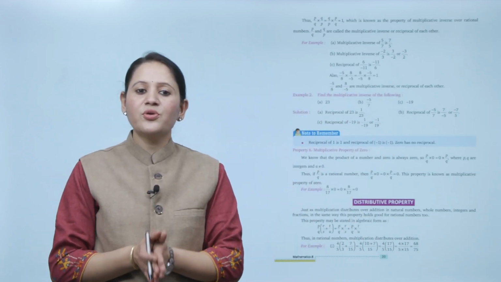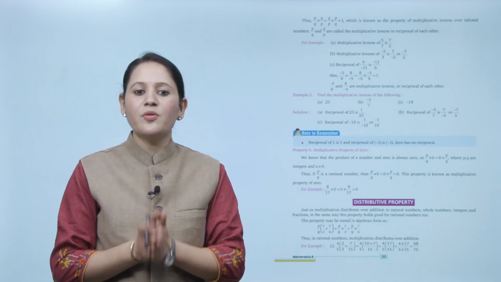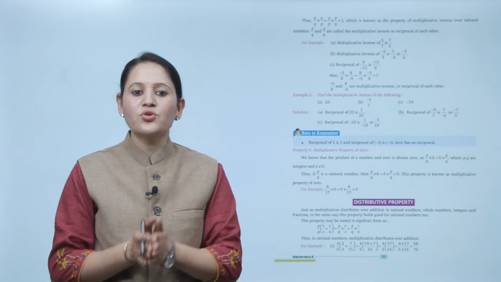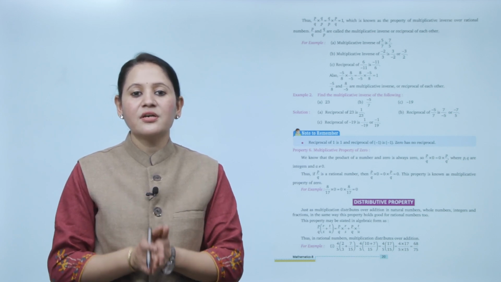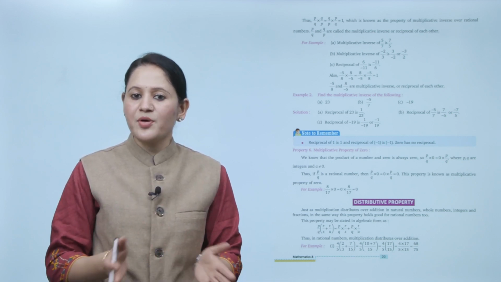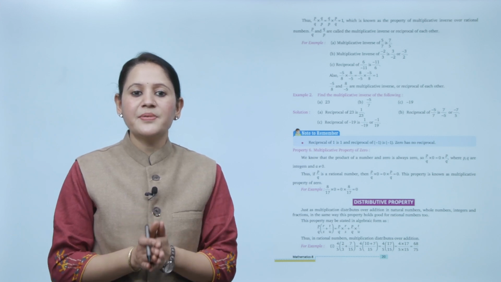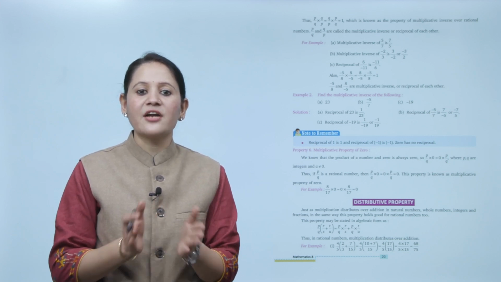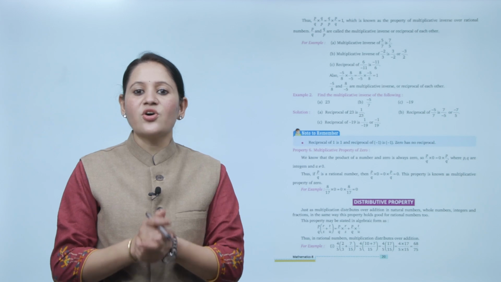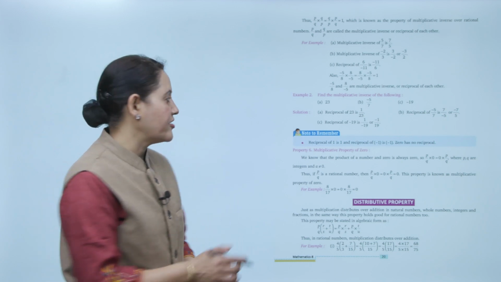Thus, P upon Q into Q upon P equals to Q upon P into P upon Q equals to 1, which is known as the property of multiplicative inverse over rational numbers. P upon Q and Q upon P are called the multiplicative inverse or reciprocal of each other.